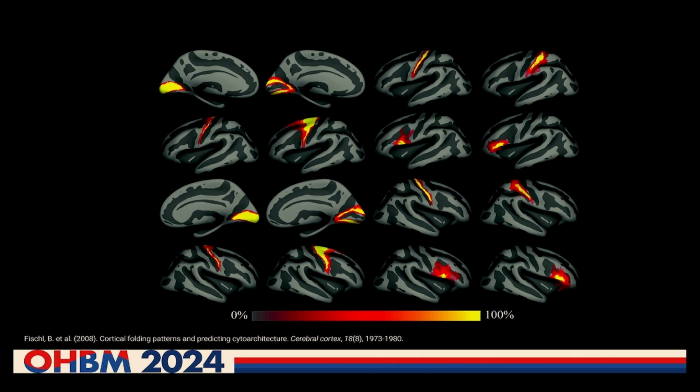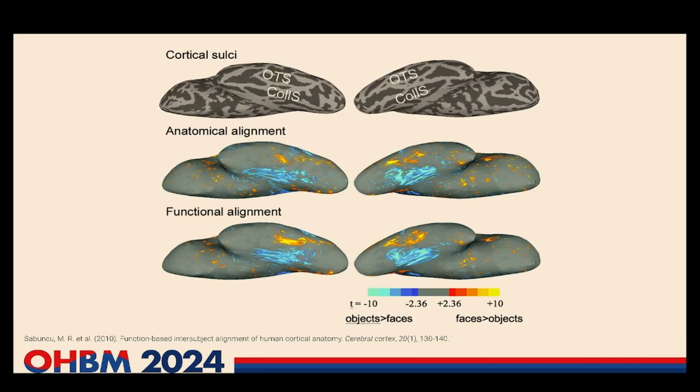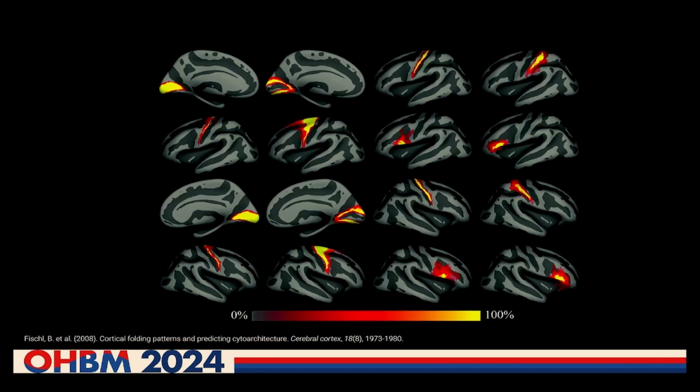When we move beyond these primary areas and we move into things like areas 44 and 45 in the frontal lobe, what we can see is that there isn't very good correspondence between cortical folding and cortical areas ex vivo. And so this is basically highlighting, if we're interested in cortical areas or cortical function, perhaps driving our surface registration with cortical folds is not the best idea.